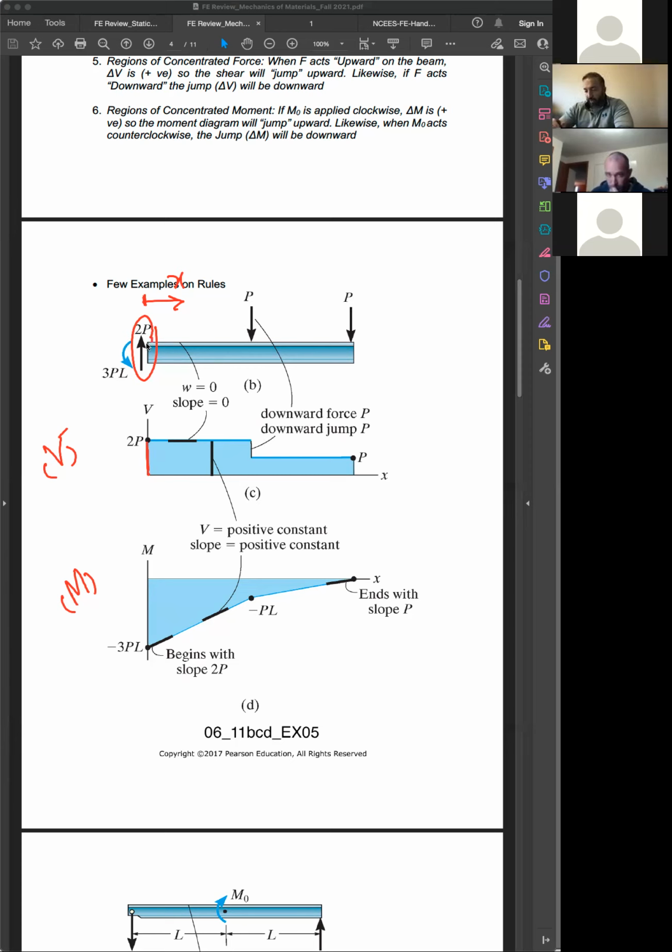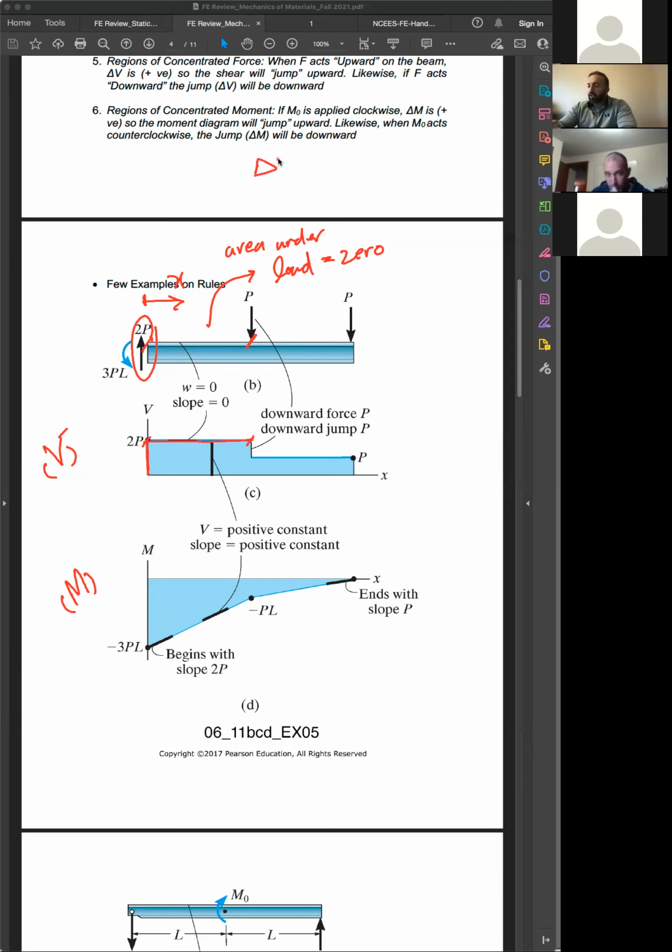For example, this point and this point, right? What is the area under the load here? If you think about it, the area under the load is 0, right? There is no distributed load. The area under the load is the change of shear. So it means change of shear between this point and this point is 0. So you go constant.